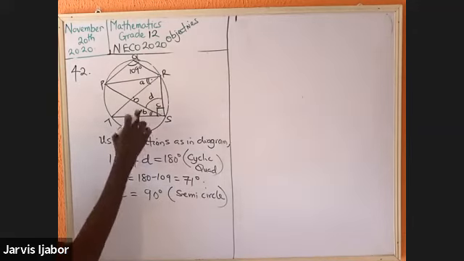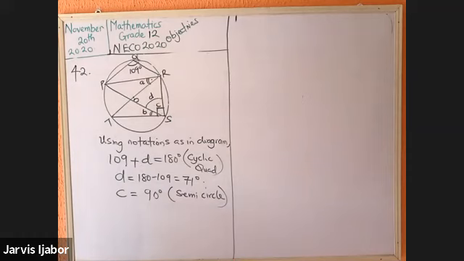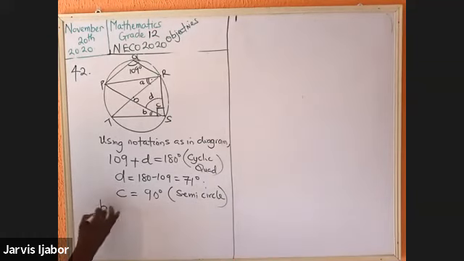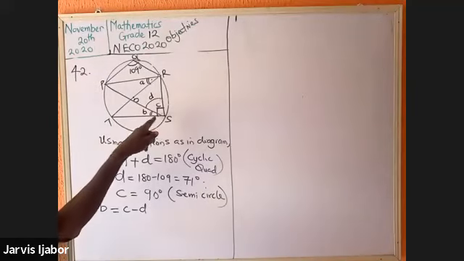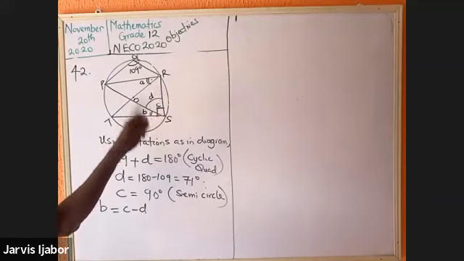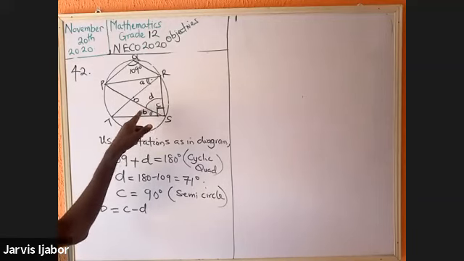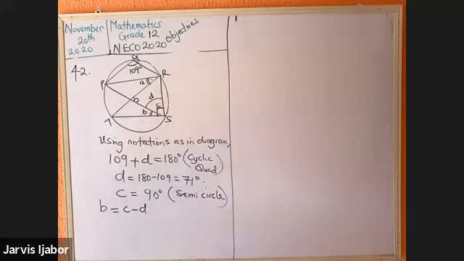So how do I get B? B is equal to C minus D. Look at it. Or you can say B plus D is equal to C. Maybe we'll do it that way.